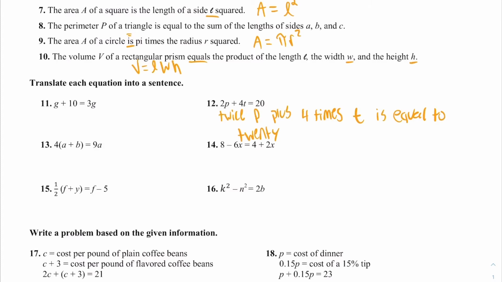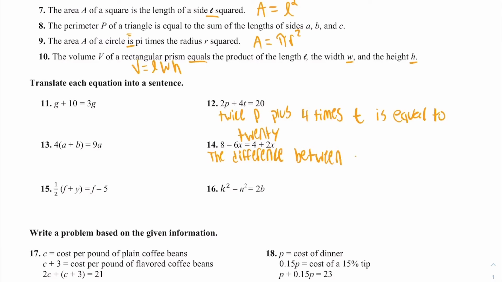Down here we have 8 minus 6x, but we're not going to be basic. We're going to say the difference between. So the difference between, that means whatever you say first is going to be the first thing you have, and then whatever you say second is going to be what you're subtracting.